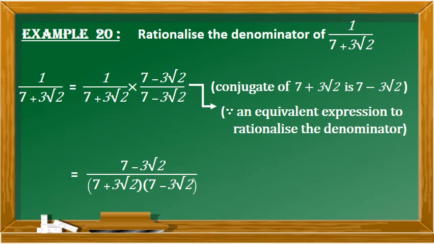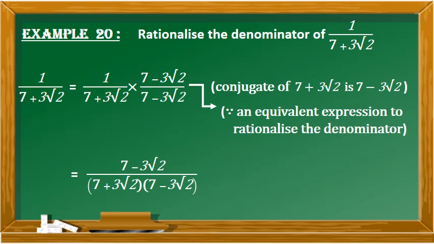The 20th example is rationalize the denominator of 1 by 7 plus 3 root 2. Now we have to rationalize 7 plus 3 root 2, that is the denominator. First of all, find the conjugate of the denominator. The conjugate is 7 minus 3 root 2. And now we have to multiply the numerator and the denominator by 7 minus 3 root 2. So it becomes 1 by (7 plus 3 root 2) into (7 minus 3 root 2) by (7 minus 3 root 2).